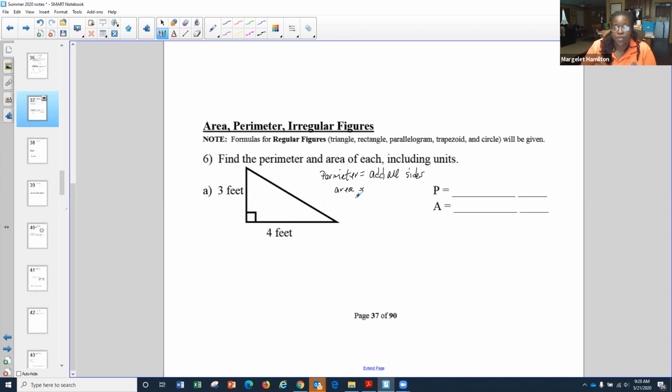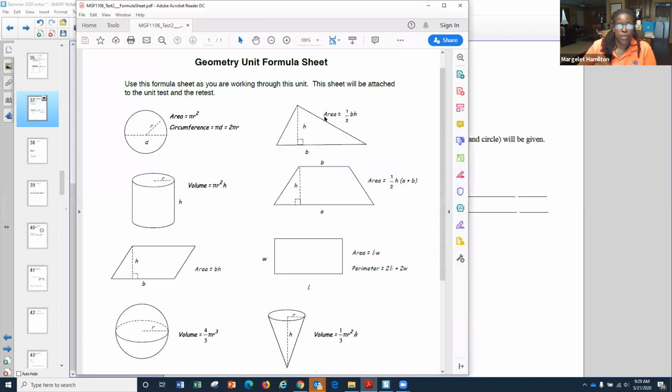Area actually has a formula. Here we are going to our formula sheet. We're looking for the area of a triangle. It's right here. Area equals 1/2 base times the height. And remember, they're going to label your picture for you so you can remember what the height is and what the base is, right? So area equals 1/2 base times height.